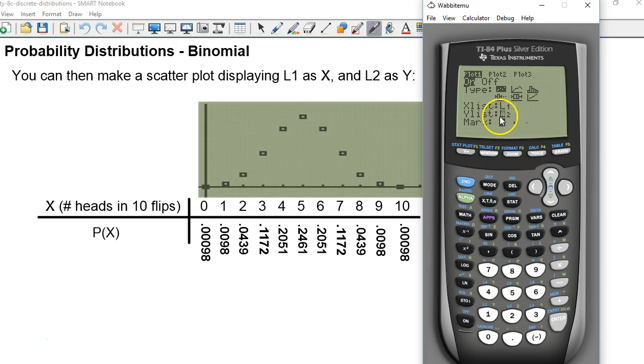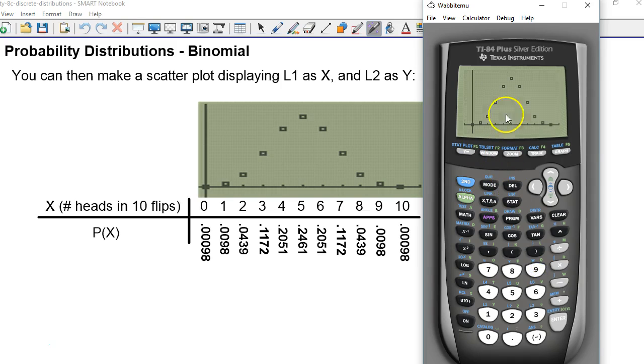The Y list will be list 2, so that'll be second and 2, and then hit enter. Remember, you're watching a video, so if you need to, you can always pause and go back and watch that again. Once that's all in there, we'll hit second and mode to quit again to the command line, and then the way to get it to plot a statistics plot is to press zoom and then 9, which is the zoom statistics plot.